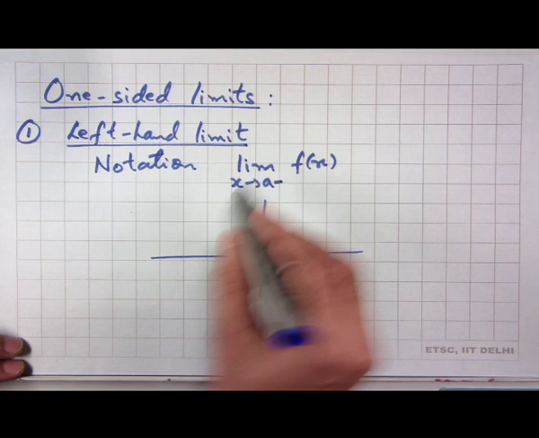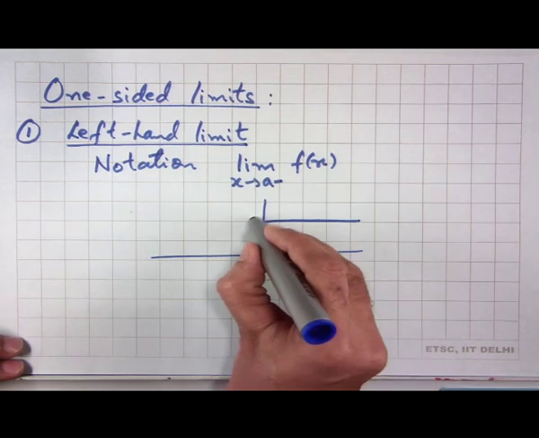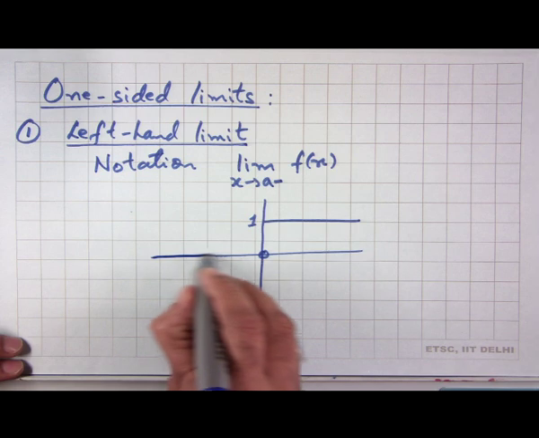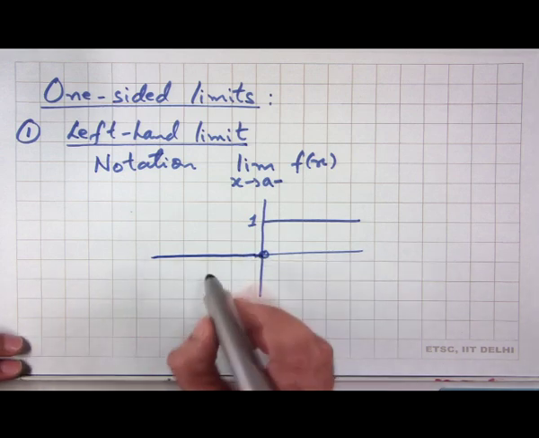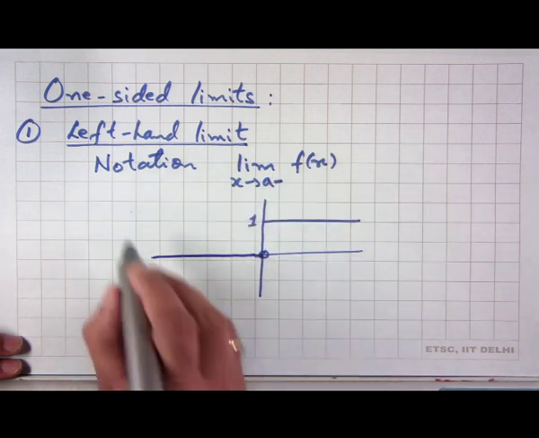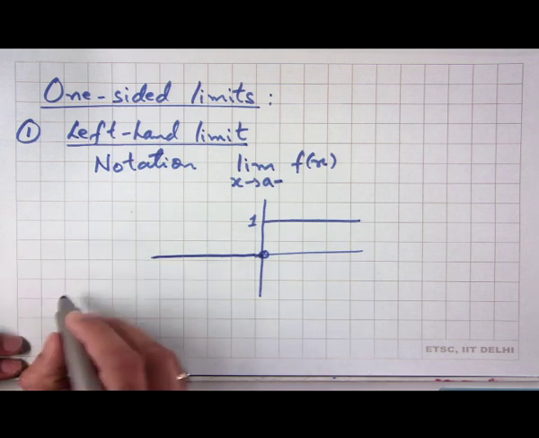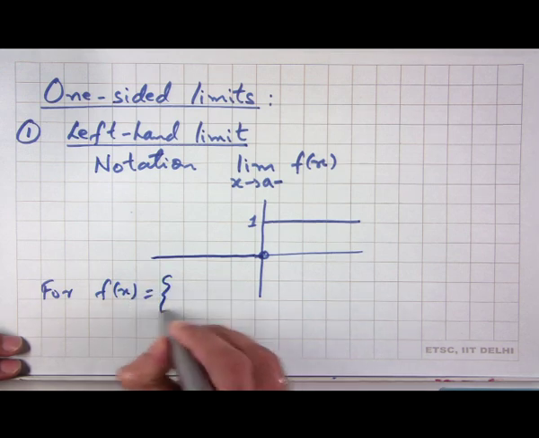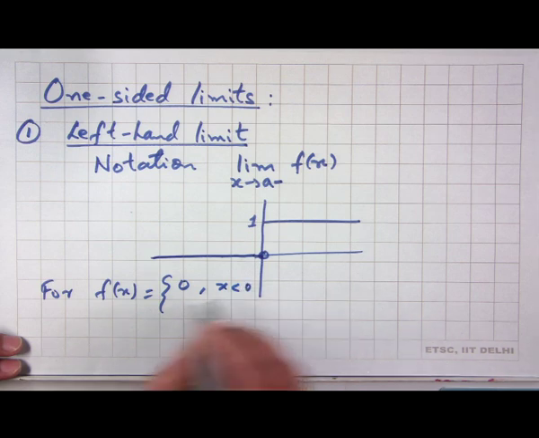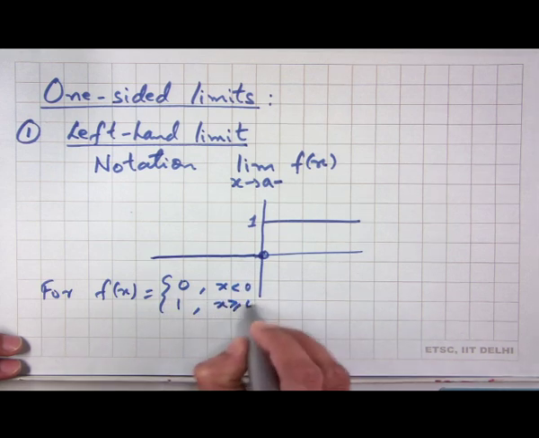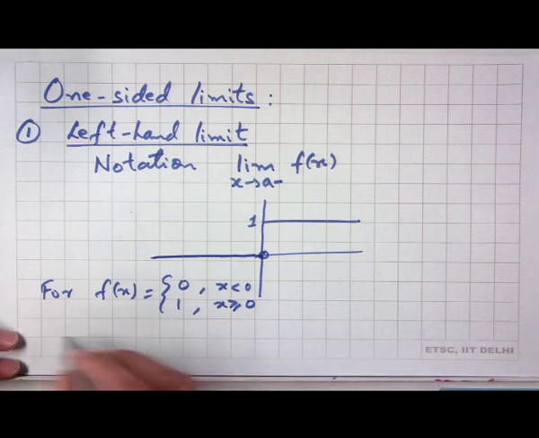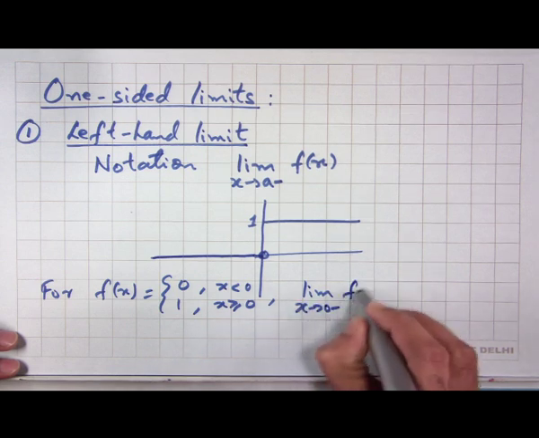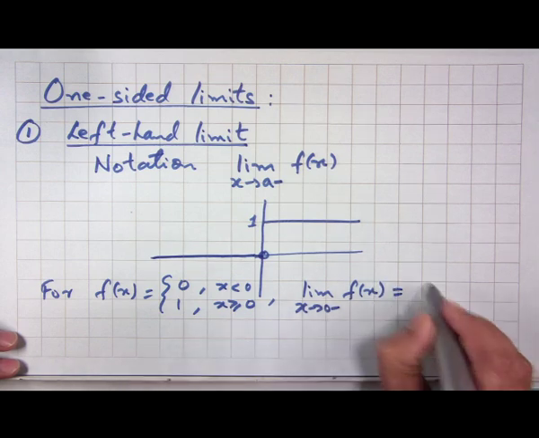Let me again explain by this example. The function is 1 for x greater than or equal to 0, and 0 for x less than 0. So, for f of x equal to 0 for x less than 0 and 1 for x greater than or equal to 0, the left hand limit, limit as x goes to 0 minus of f of x, is equal to 0.